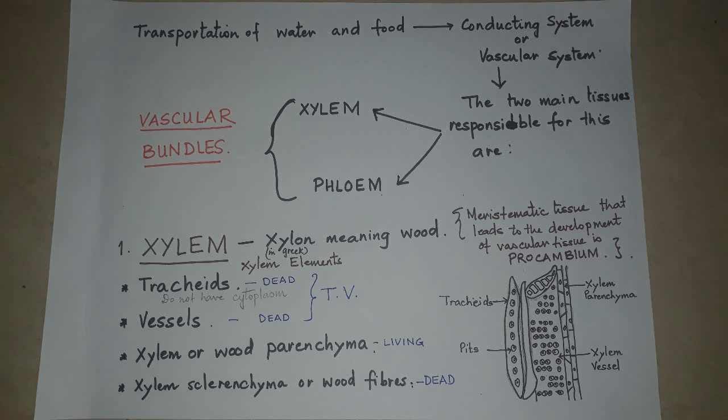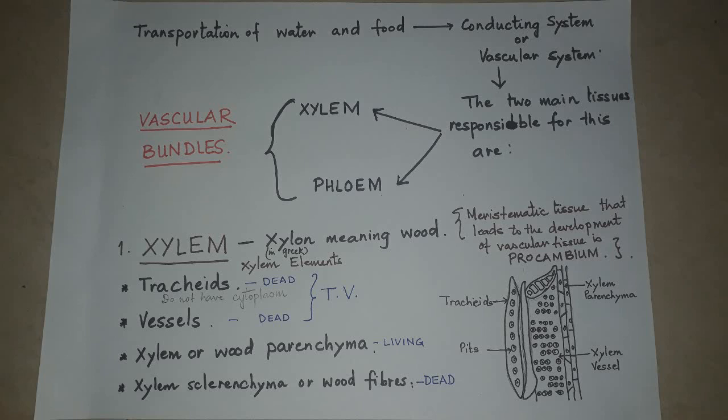Whereas xylem or wood parenchyma is a living constituent. Why is it living? Because we know that parenchyma's main function is to store food materials. Therefore, it has to be a living thing. Now, we are taking just a single segment of the xylem.